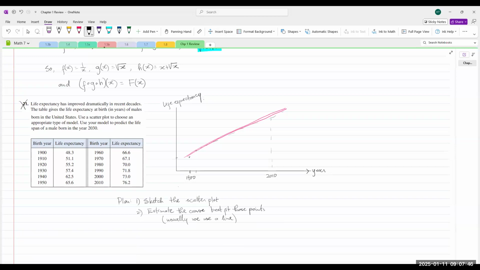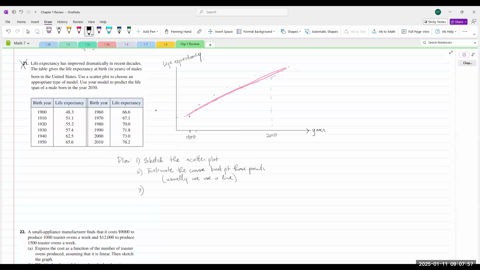If we see that the graph seems to get close to a line, and then once we get that line, we find the equation of the line, where x is the year and y is the life expectancy.